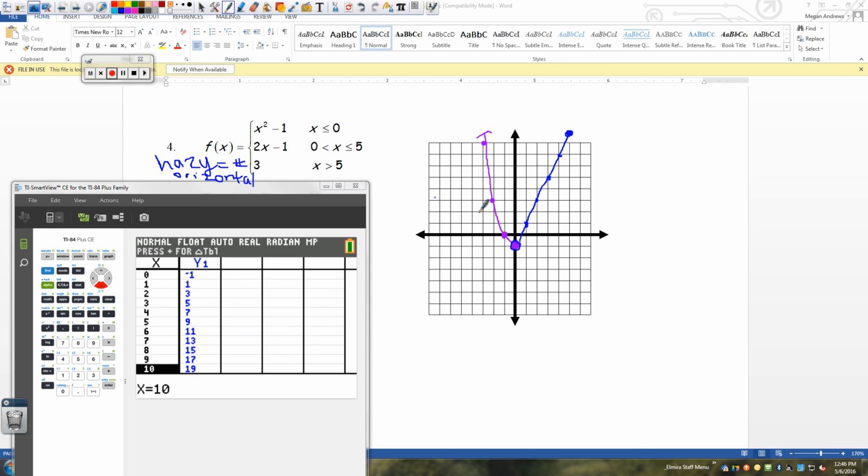So I want to start at an x value of 5. 1, 2, 3, 4, 5. The y value is always going to be 3, so I'll go to 3 on the y-axis. I'm going to draw an open circle because there is no equal bar, and it's all values greater than 5.